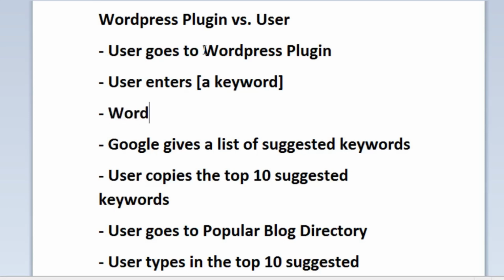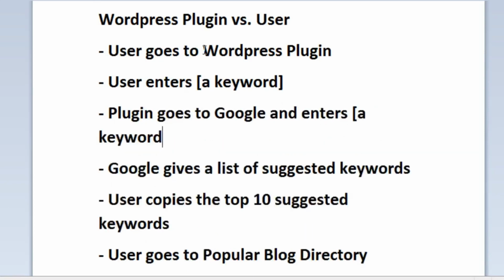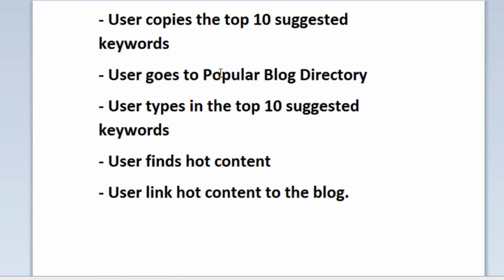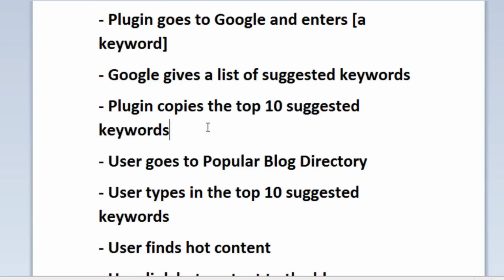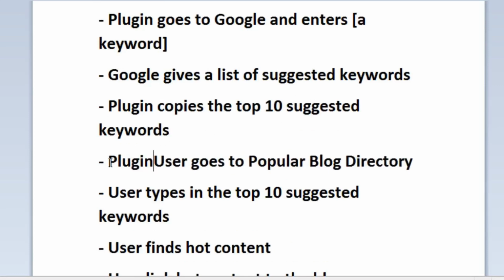So the WordPress plugin, we're just going to call it plugin. Plugin goes to Google and then enters that keyword that the user just typed in. Now, Google gives a list of those suggested keywords, and then the plugin copies those top 10 suggested keywords. Then the plugin goes to the popular blog directory, whatever that we specify later.